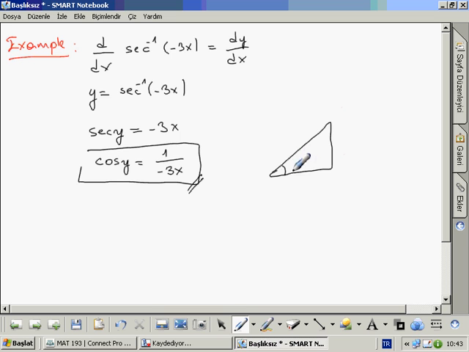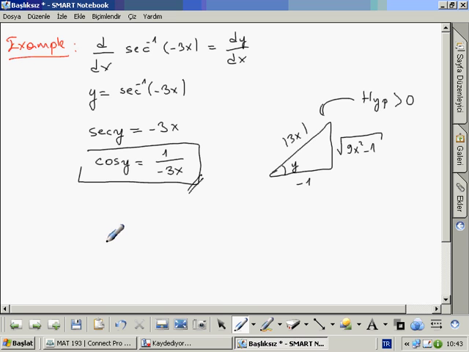Let's evaluate it with a triangle. This angle is y, this side is minus 1, this is the absolute value of 3x, and this is the square root of 9x squared minus 1. Because the hypotenuse must be larger than 0, we take the absolute value of 3x.